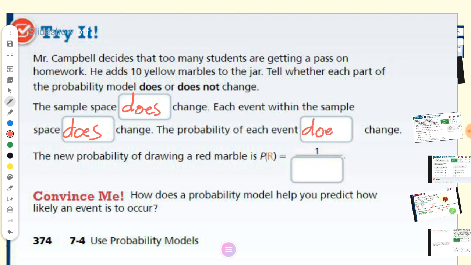Yes, it does change, because the probability of green was 3 over 10 and now it's 3 over 20. The new probability of drawing a red marble is 1 over 20, not 1 over 10, because I added 10 more.